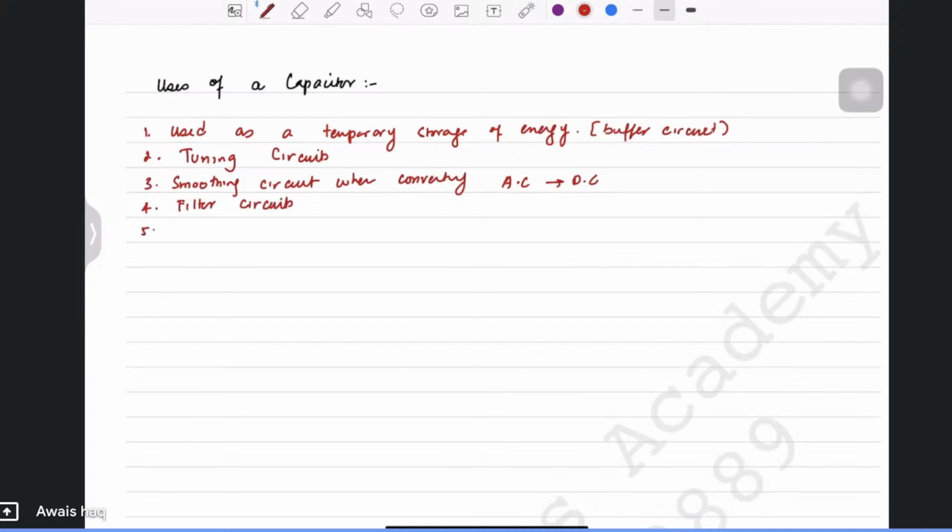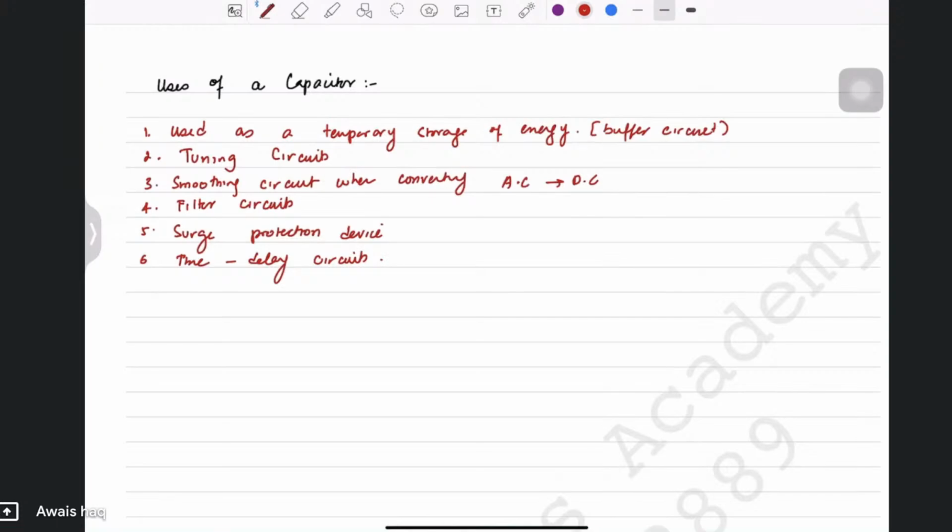It is used in surge protection devices, and it is used in time delay circuits as well. So you have to remember that. Blocking DC current also, I think, right?